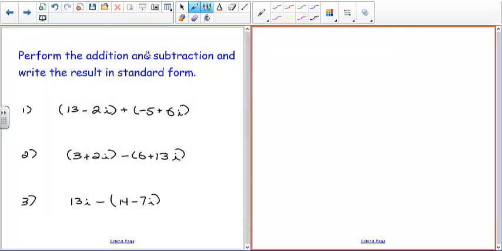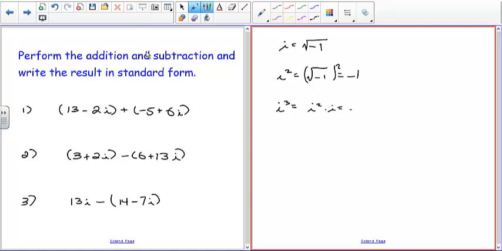So remember that i is defined as the square root of -1. So if you square i, you'll have the square root of -1 squared, which is -1. And if you have i cubed, that's i squared times i.